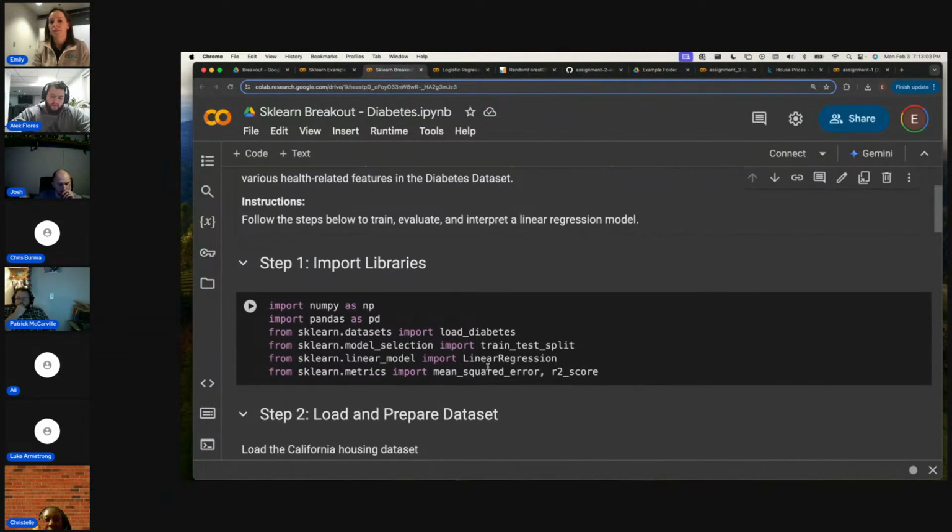I will drop the link to this notebook in the Slack channel. Sometimes we combine our breakout and our break together. We're going to do that again here. I'm going to give you guys at least 15 minutes, come back at 7:30, and then we'll at least check in and see how things are going. So break and breakout combined, 7:30.